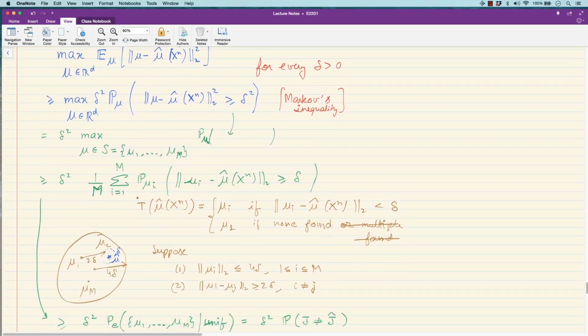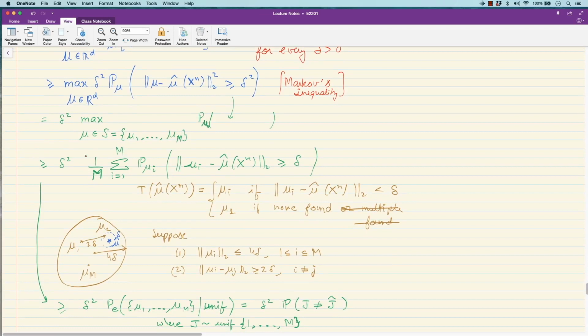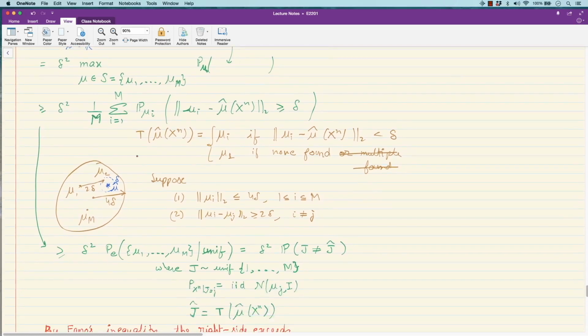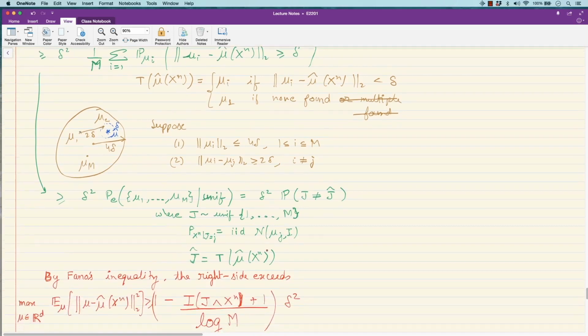Then we chose some set mu1 to mu_m, and instead of max over all mu, we look at this mu1 to mu_m, and we notice that the maximum loss over this set of parameters can be bounded in terms of some average probability of error. We have to construct these parameters carefully. Okay? These are two conditions which we came up with.